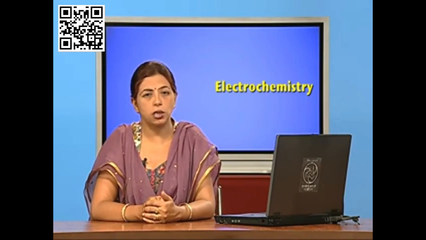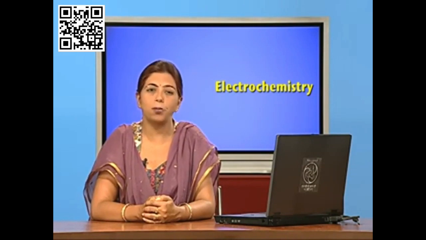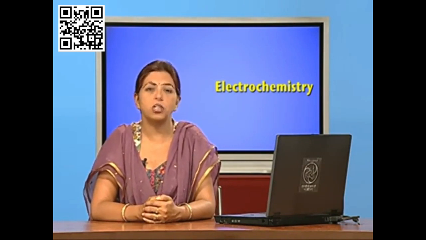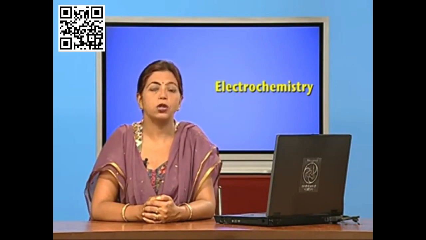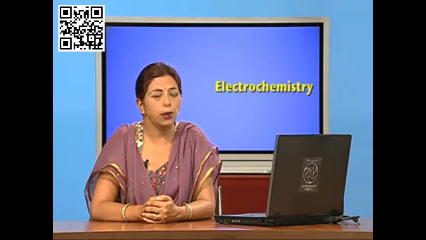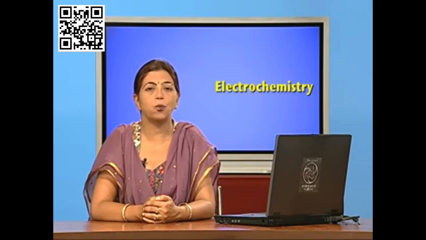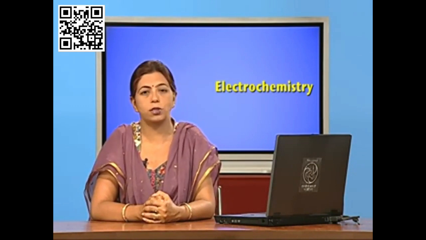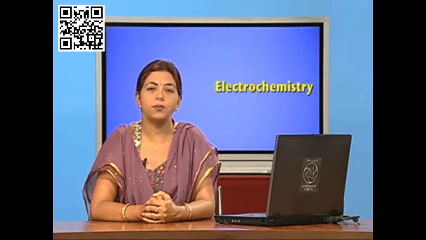And the cations will move to the copper half cell and neutralize the negative ions which are accumulated around the copper plate. In this way, it prevents the accumulation of the positive and the negative charges around the electrodes and helps in the continuous working of the cell.